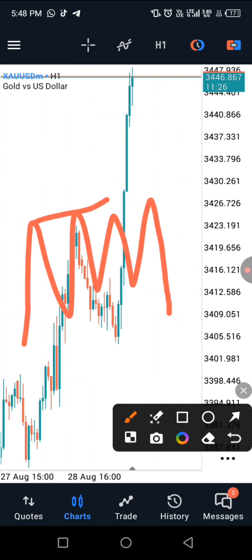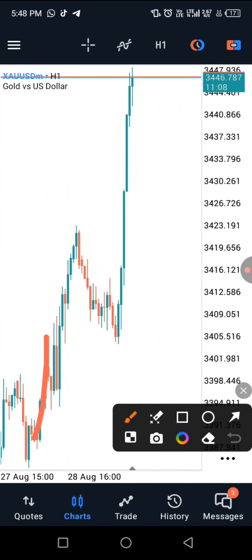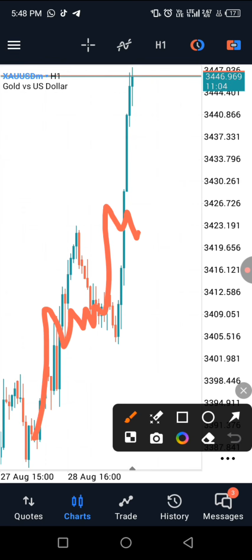For example, this is a ranging market right here. You enter the buy from here. If the market gets to this point or this point or this point, you should exit the trade, because as the market is ranging, it is going to pull back into your profits. But on a trending day, this is what the market is going to do: it's going to buy, range, buy, range, buy.